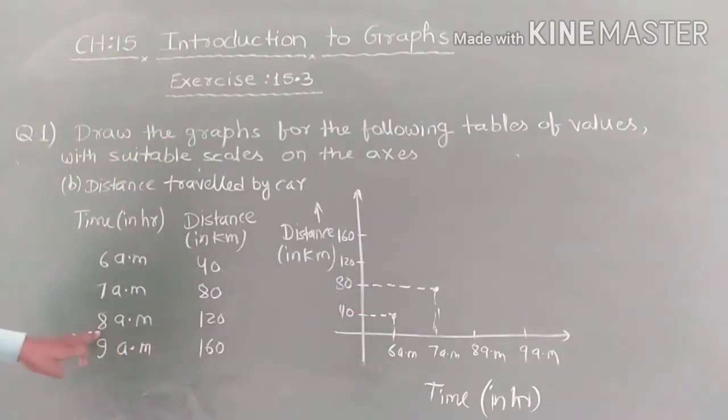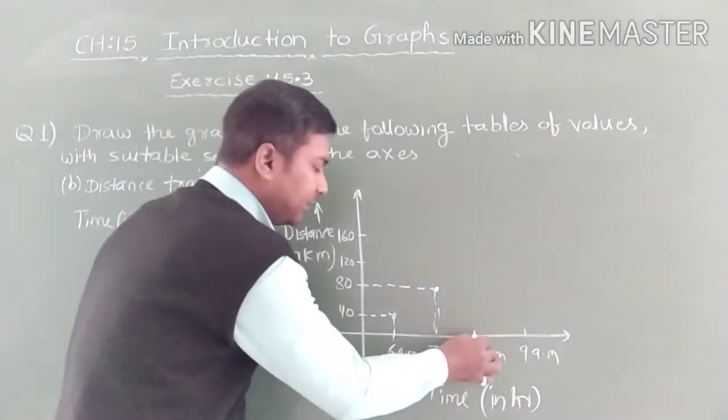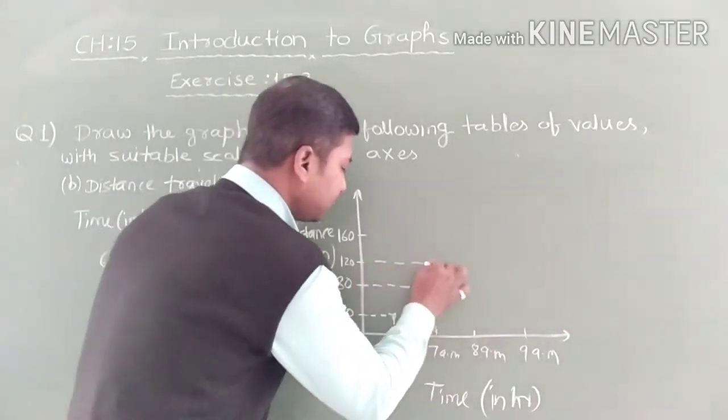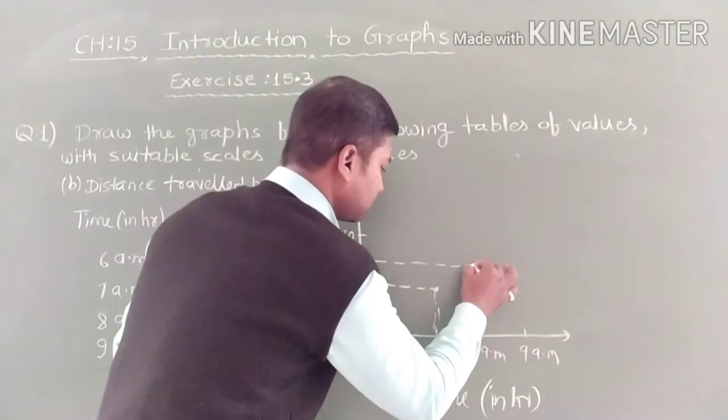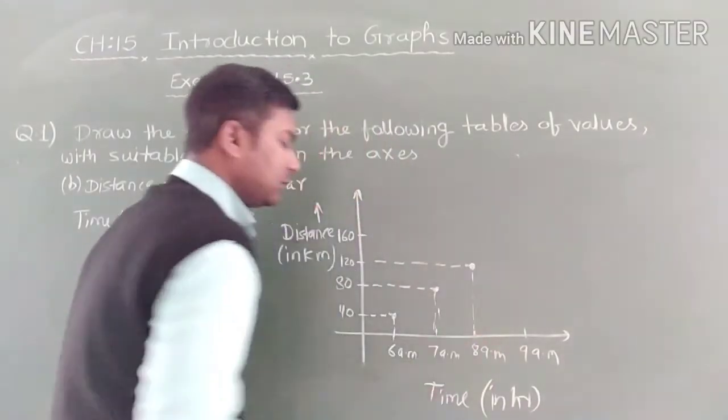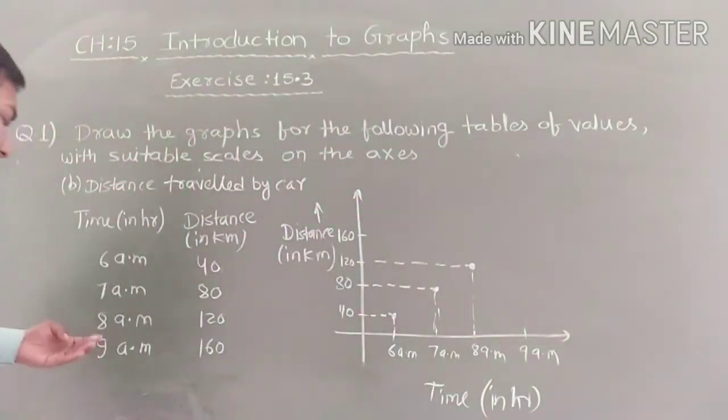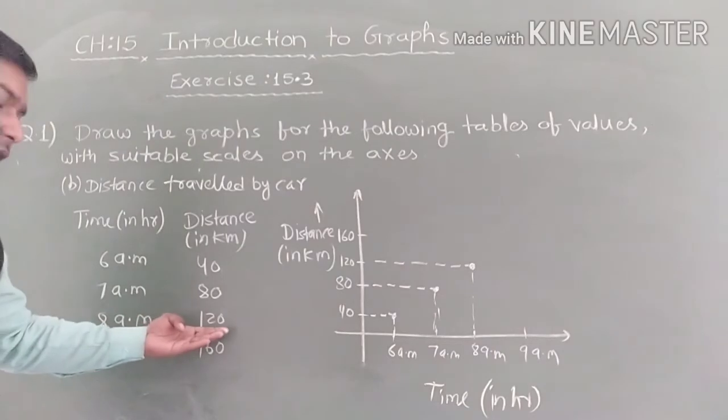Now next one, 8 am to 120 kilometers. At 8 am the car moves 120 kilometers. This point shows at 8 am the car will move 120 kilometers.